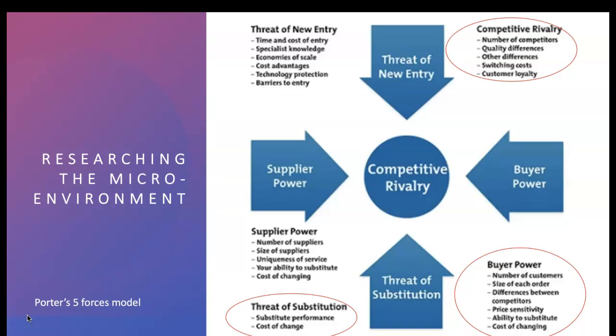It's quite useful, and it helps us to understand what some of the considerations are in that next layer, that micro environment. It helps us to understand, whether we are an existing company or a new company, what we need to take into consideration to reduce risk and to ascertain who has the power and what we need to keep an eye on and be aware of.